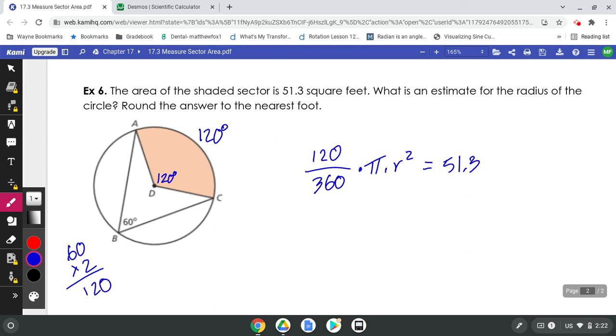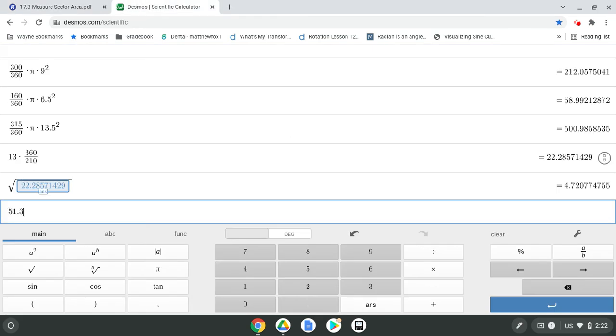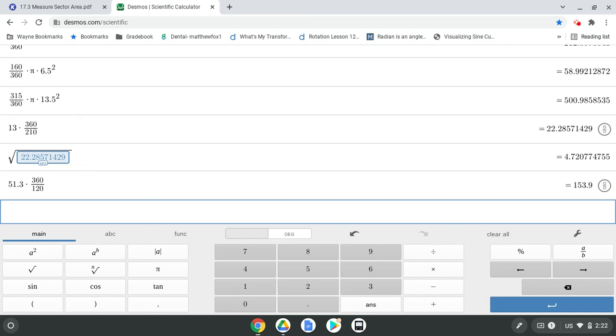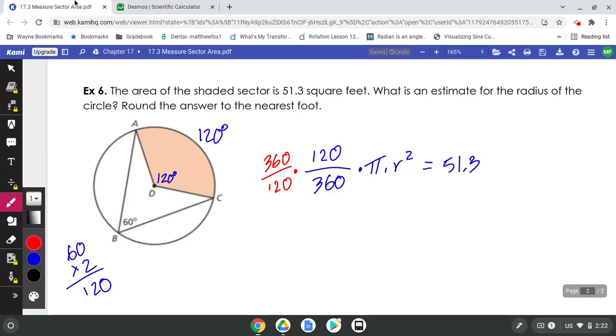Now, some of you might be tempted to cancel the pi's, but there's only one pi, so we can't cancel. We can still multiply by the reciprocal. So 51.3 times 360 divided by 120. And we get 153.9. So we have pi r squared equals 153.9. Now we need to divide by pi.